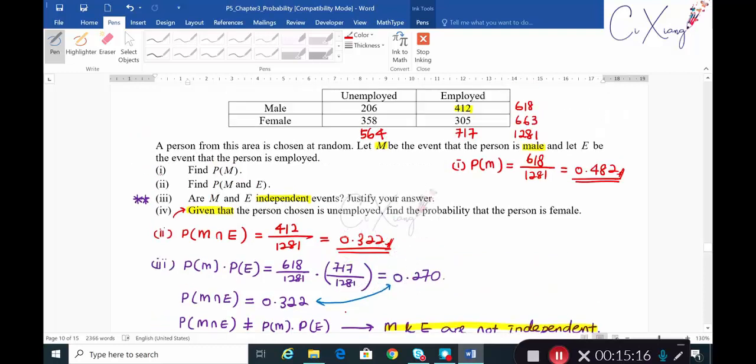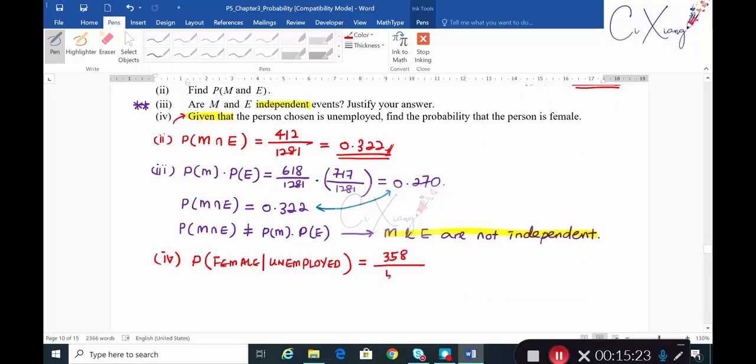So you look for the total of unemployed, which is 564. So you should divide it by 564. Simplify the answer, you will get 0.635. Do you get the answer correctly?